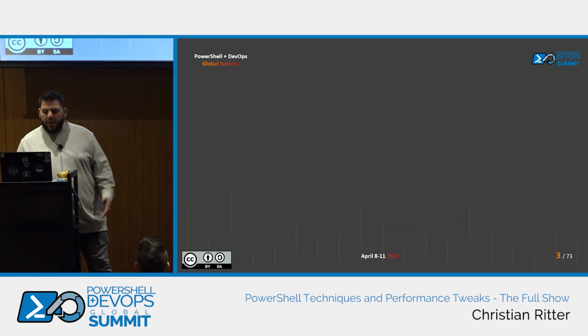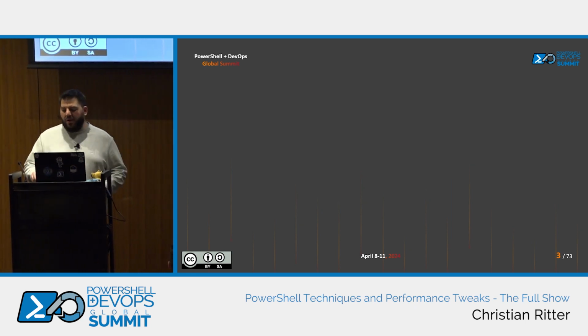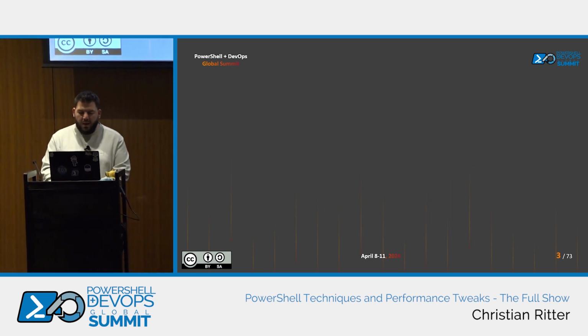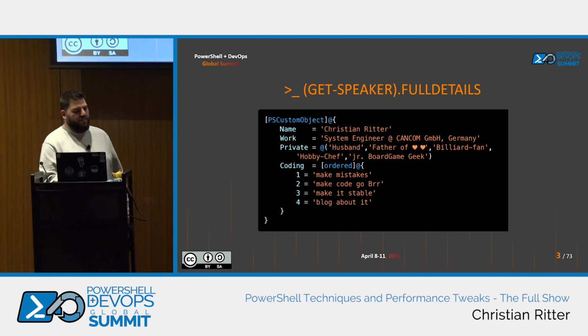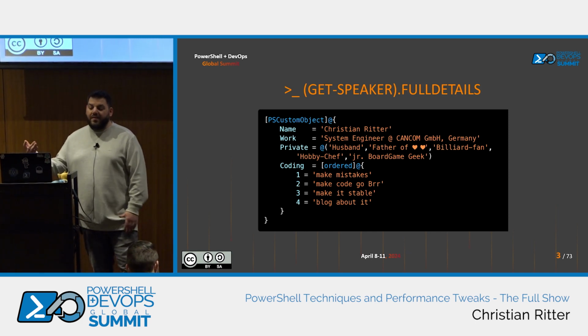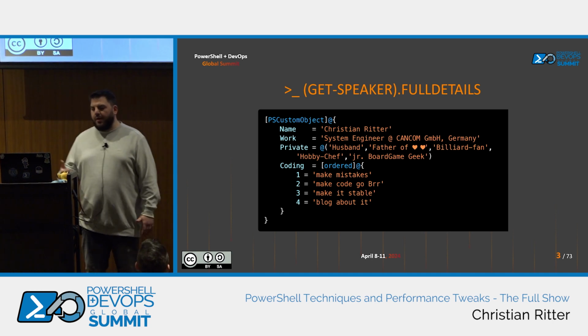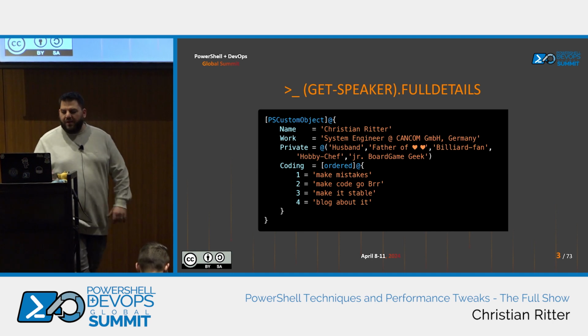Let me introduce myself a little more, because now you know my name, but maybe you're interested in me a little more. I just started to integrate PowerShell into PowerPoint. How cool is this? Like I said, my name is Ritter. Nowadays I'm a senior system engineer, so I have to update the property, I guess, but who cares?